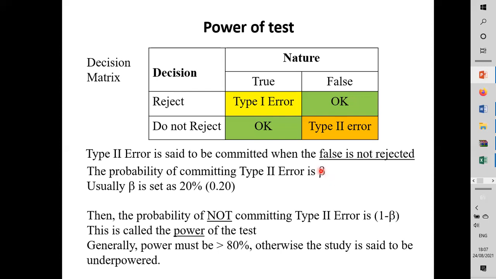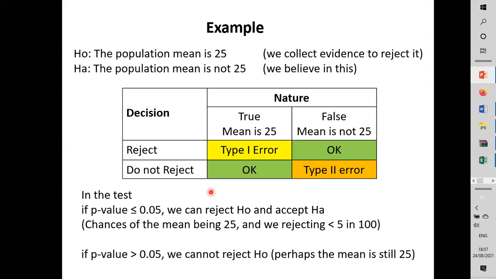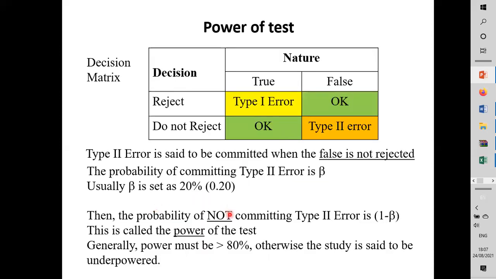What percentage commits error? 40%. Is it more than 20? Yes, that's no good. So later in calculating sample size, we consider two things. One is alpha. The other one is power. We set alpha less than 5%, power more than 80% to calculate the ideal sample size.